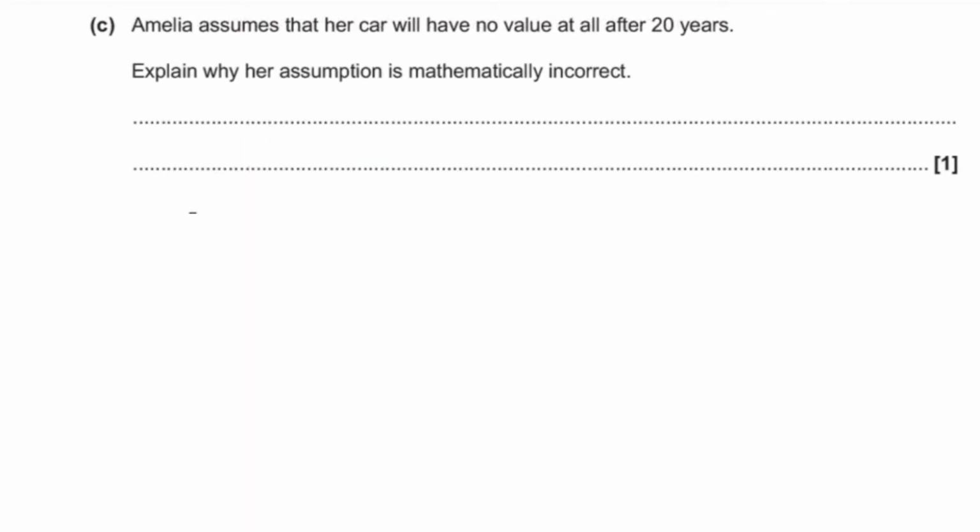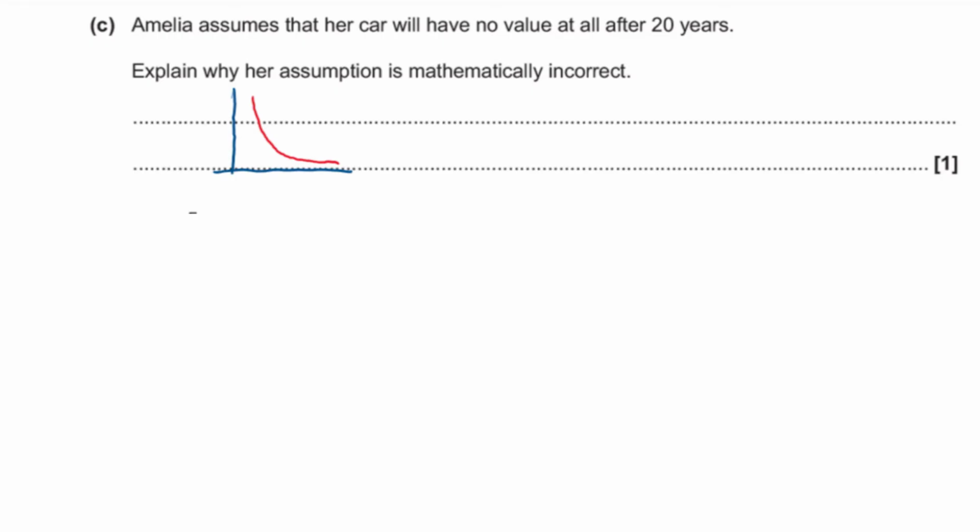Part C says Amelia assumes that her car will have no value at all after 20 years. Explain why her assumption is mathematically incorrect. So we have a look at what her graph would actually look like. Rather than a straight line, it's going to look more like this, where it falls a lot in the first few years and then kind of tapers off. And actually, because you're multiplying through by a fraction each time, you're never actually going to get to 0.